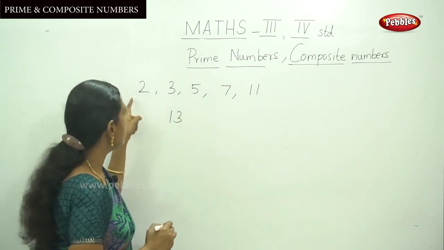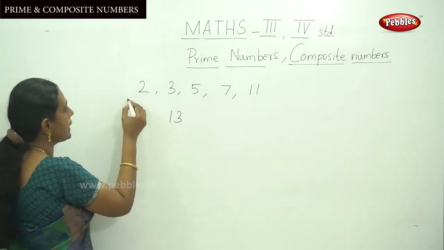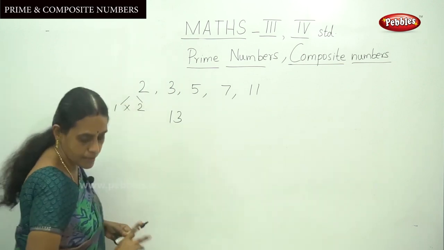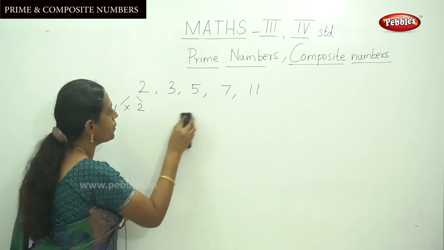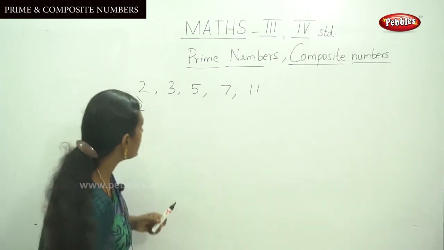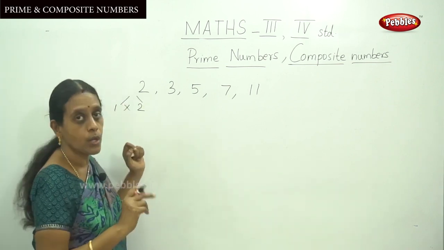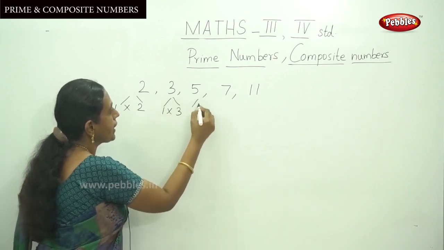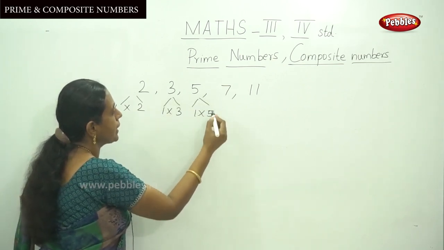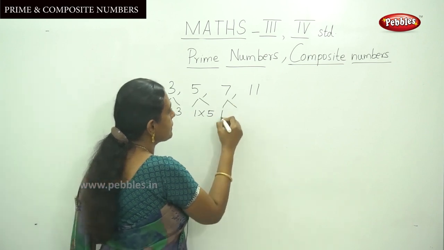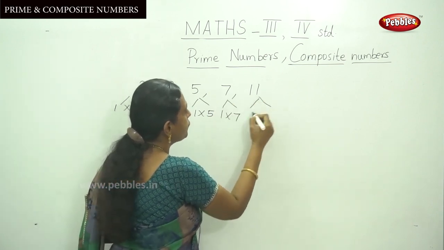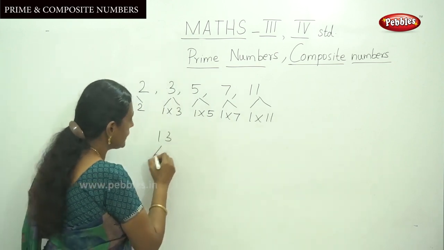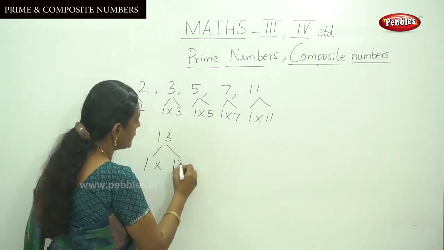Listen here. For 2, it is only 1 into 2. It does not have any other factor. Similarly, 3 is 1 into 3, 5 is 1 into 5, 7 is 1 into 7, 11 is 1 into 11, and 13 is 1 into 13.